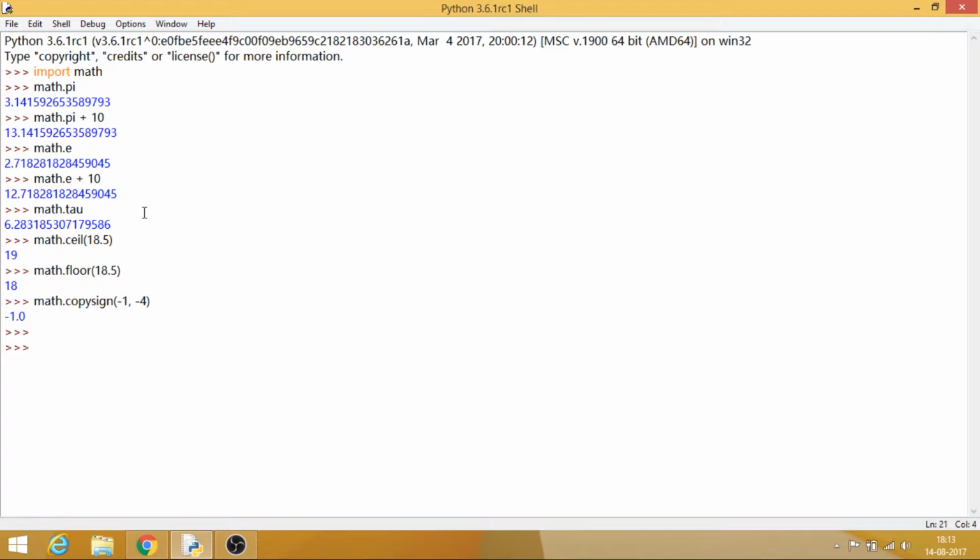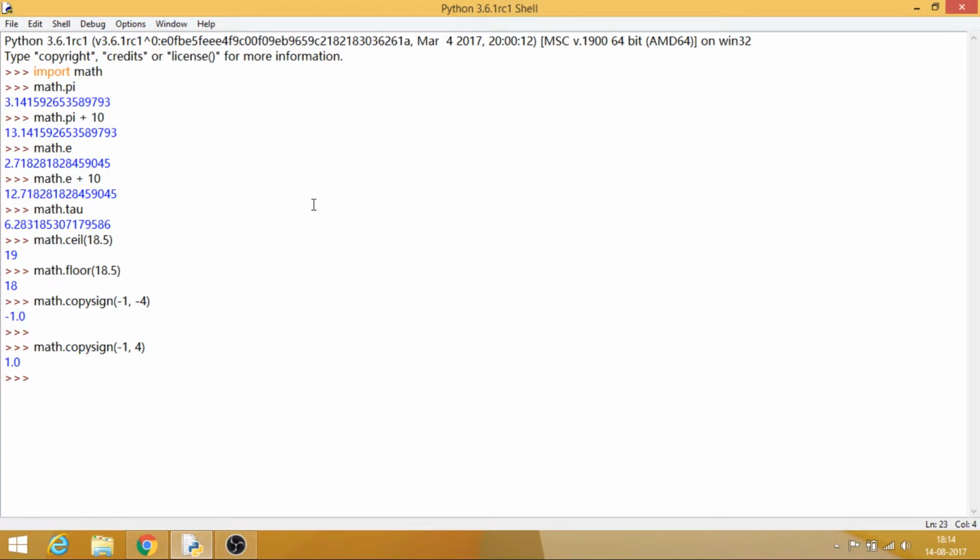If it would have been positive, say copysign of -1 and 4, it will give us the positive. So it converts the first number to the absolute value in the form of float, and then it uses the sign of y.